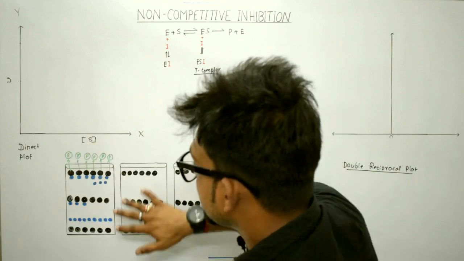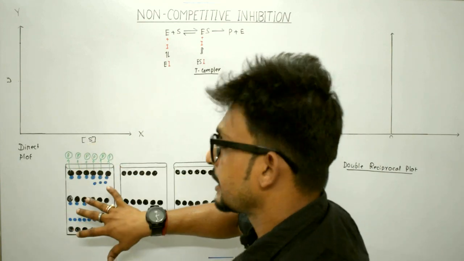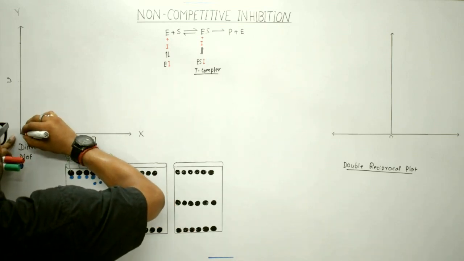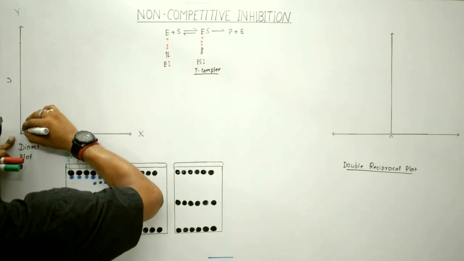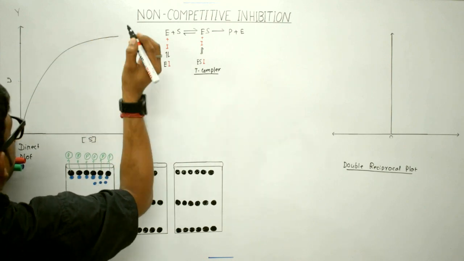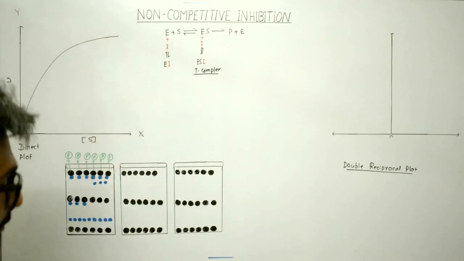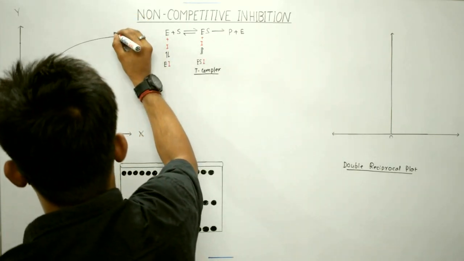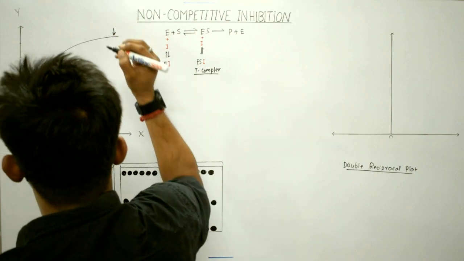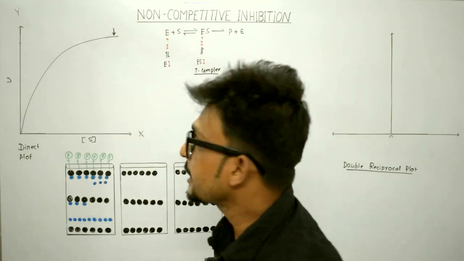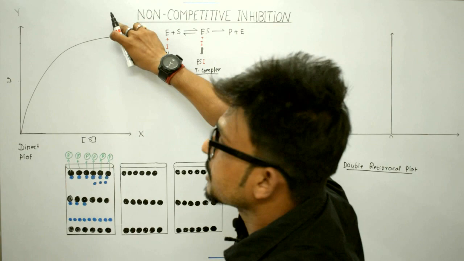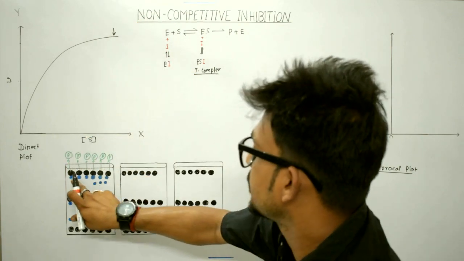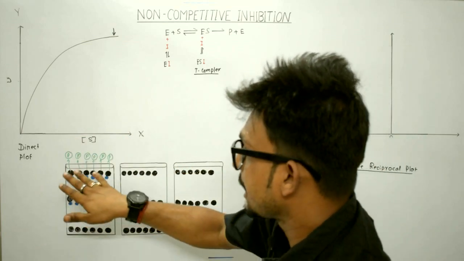Now if we want to depict this kind of reaction in the graph, we can see such a hyperbolic curve in the direct plot. This particular point indicates the maximum velocity of the reaction, and this situation represents this final stage of the reaction where all the enzymes are saturated.